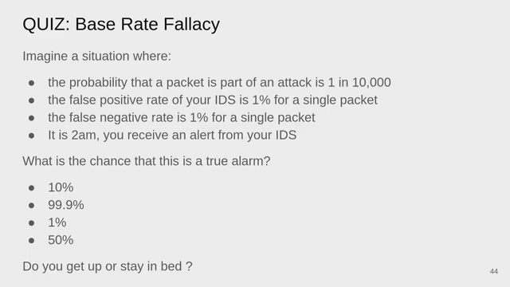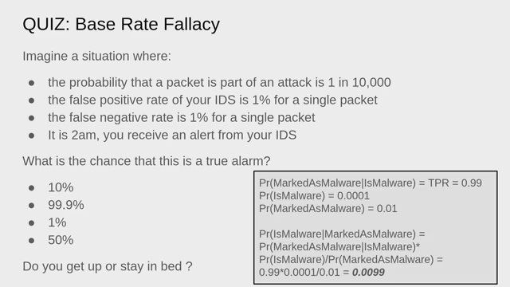Right? If you have a false positive rate of 1% on a single packet, for extremely rare events this massively amplifies, because so many benign packets go through that you will always have way more false positive alerts than real alerts. So the true positive rate is 99%.